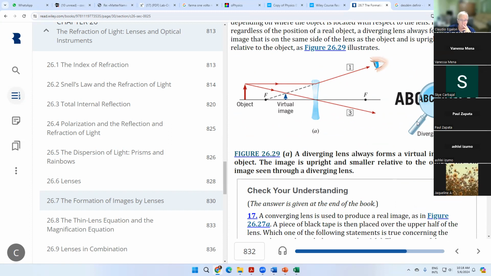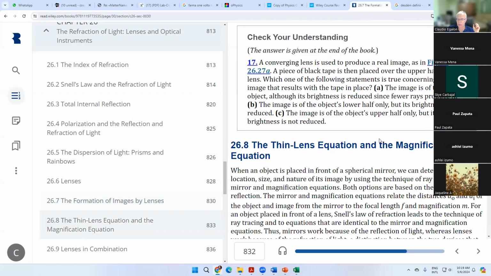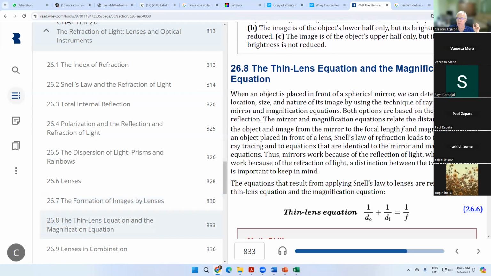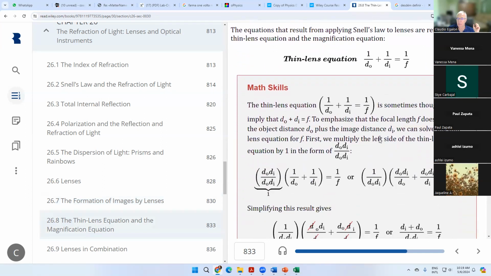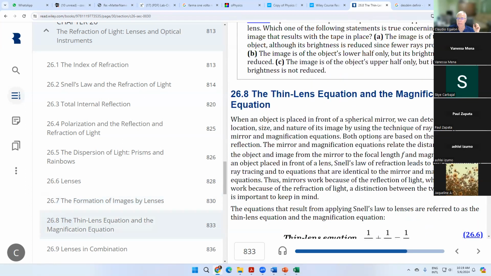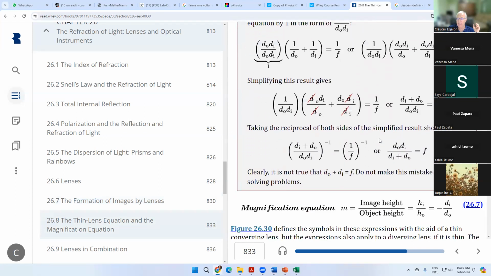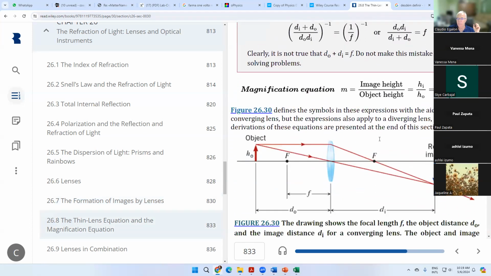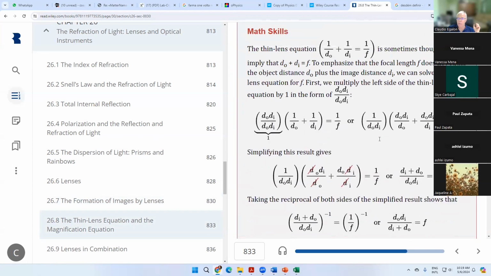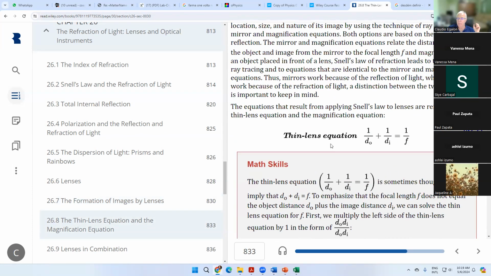Whereas if you use a converging lens as a magnifying glass, the image is virtual as well, but it appears enlarged. Same lens equation and the same magnification equation, which is exactly the same equation as the mirror right in here.